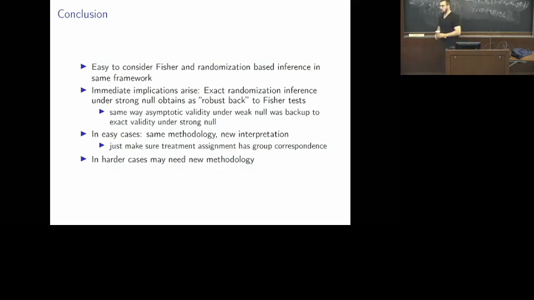Could you go back to the Amazon example that you had? I think it was the Facebook example. The recommendation was to run a Fisher test, and as a robustness interpretation, we would have unconditional validity.